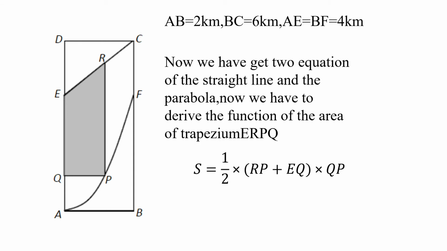After getting the equation of the parabola AF and the equation of the straight line EC, we can start to derive the function of the trapezium. Before that, we do a simple revision of the formula for the area of a trapezium. The area of a trapezium equals 1/2 times (upper line plus bottom line) times the height.